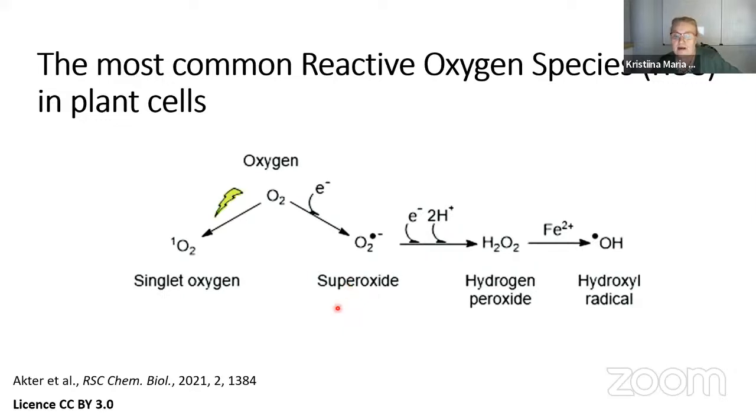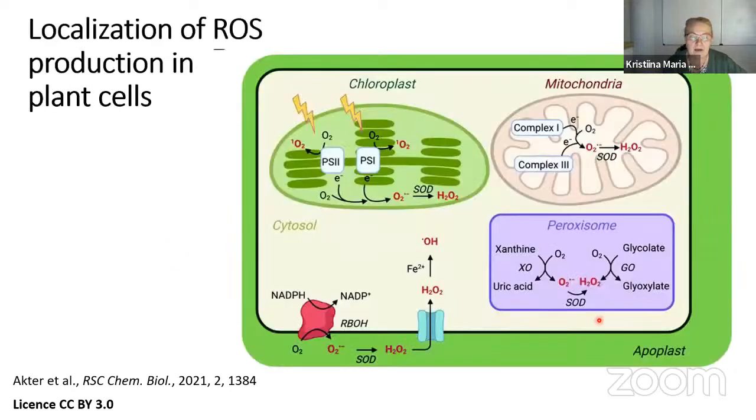The most common reactive oxygen species in plant cells are singlet oxygen and the superoxide radical, then also hydrogen peroxide and hydroxyl radicals. These are the main ROS species that we have.